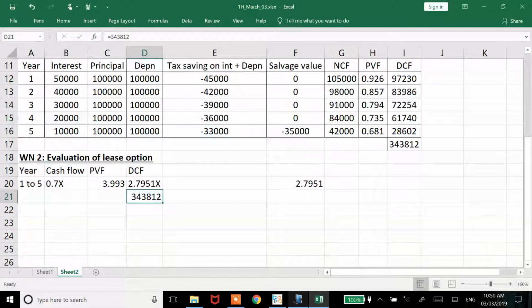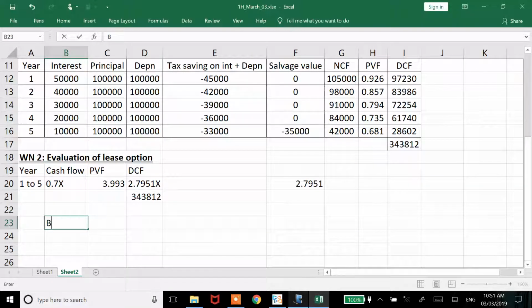So for year 1 to 5, let us assume the lease rent to be x. 0.7x is the lease rent, and overall it is 2.795.